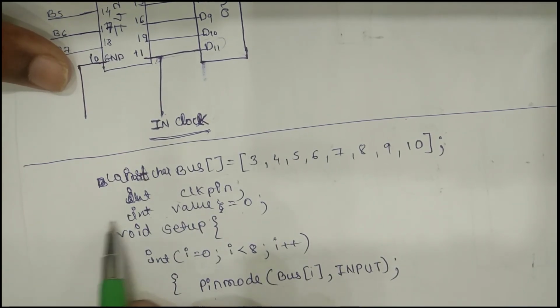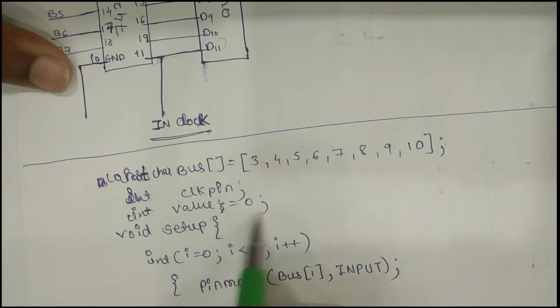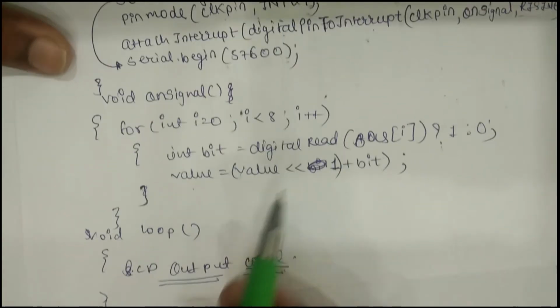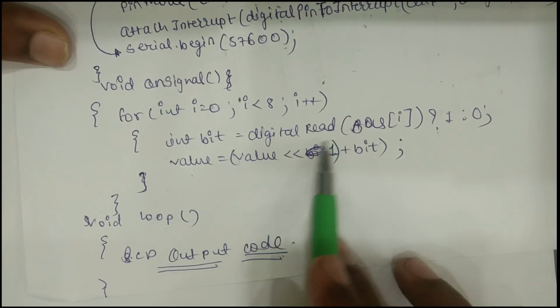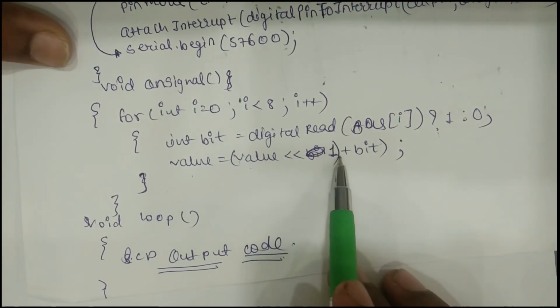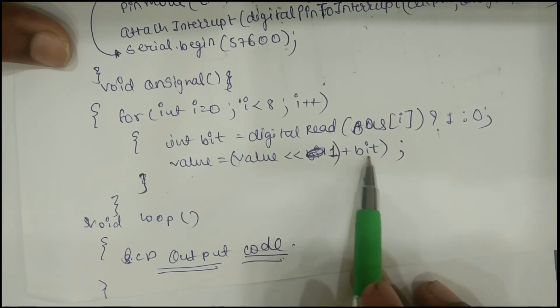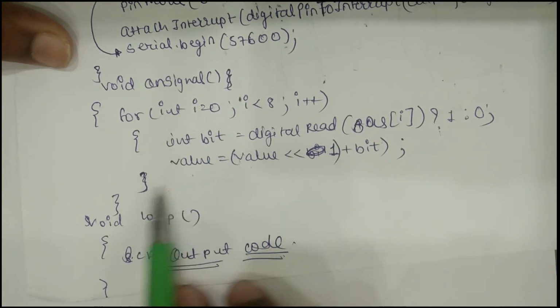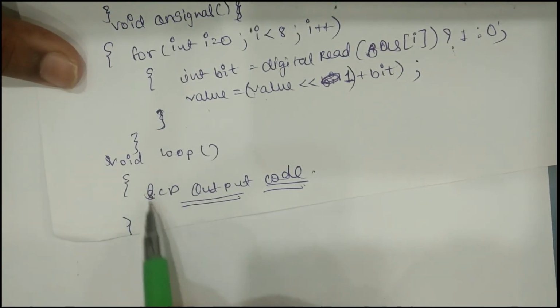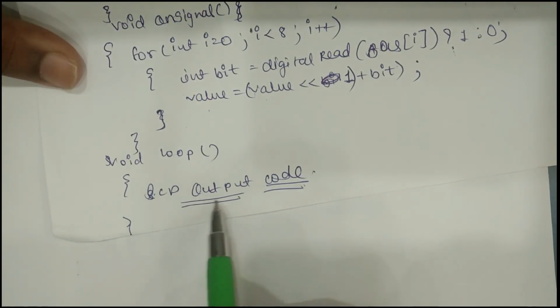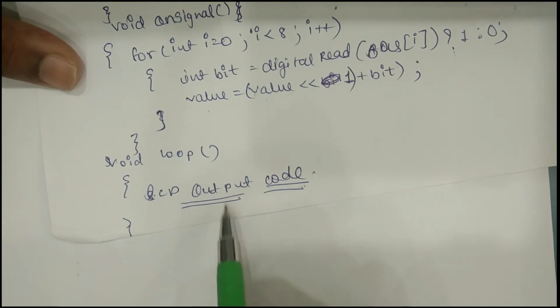Now after that, value is equal to value shifted one place, adding the new bit to that value after each iteration. And then we'll go into the loop, the while loop, and the LCD output code will be written here, and this way we'll be designing our output register.